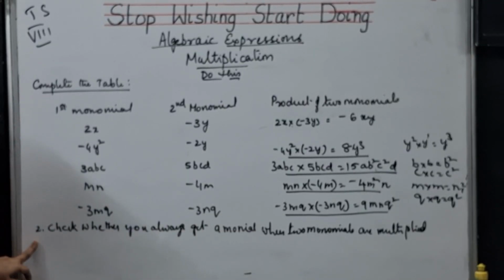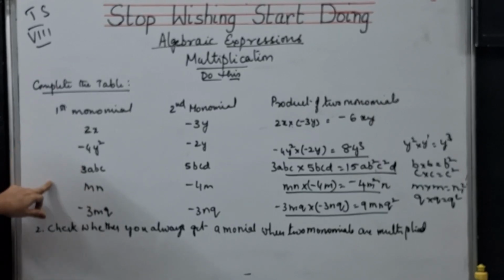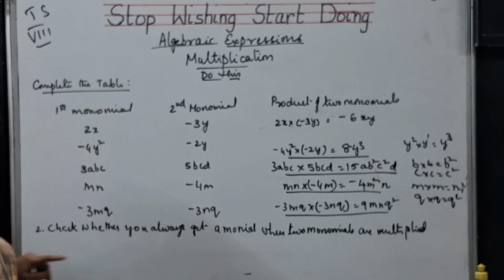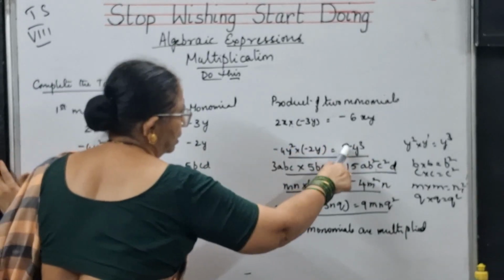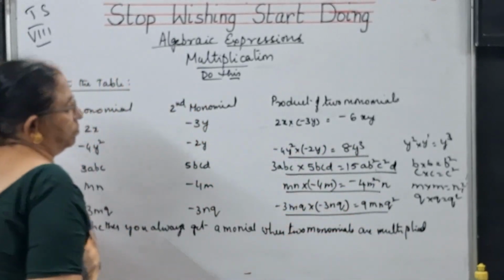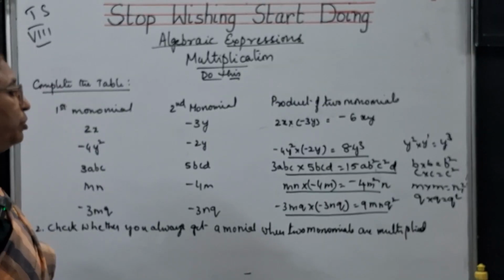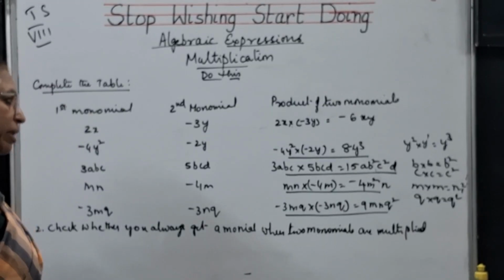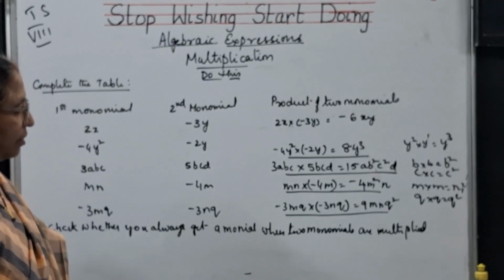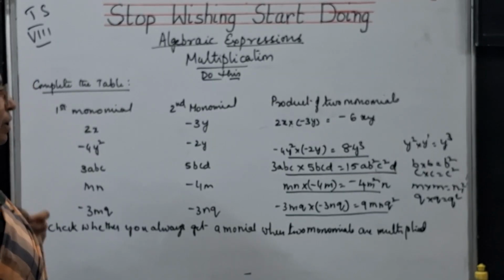There is another question they have given. This answer is here only. See, one monomial I am multiplying with another monomial. What answer have I got here? In all these cases, all these are monomials only. Why do you consider them as monomials? Because there is no plus or minus sign in between them. That is why it is a monomial.